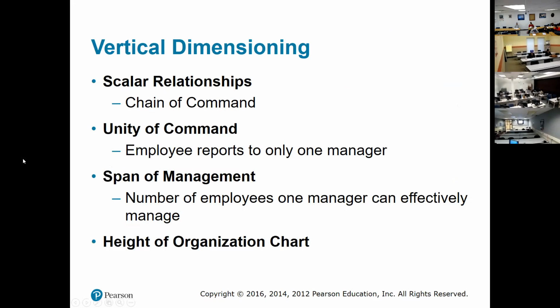Vertically, up and down, we're looking at the chain of command. And you really should have every employee reporting to only one manager. I don't know if any of you have ever worked in a situation where you had more than one manager to report to, but it makes it very hard to know who you're supposed to be responding to. It could be that the managers have conflicting goals.